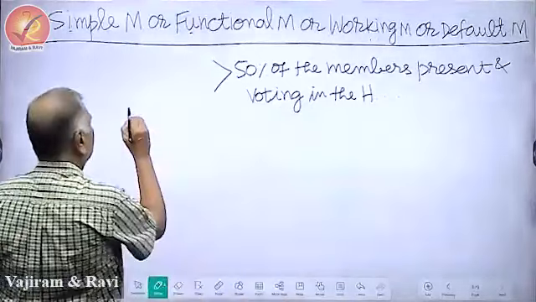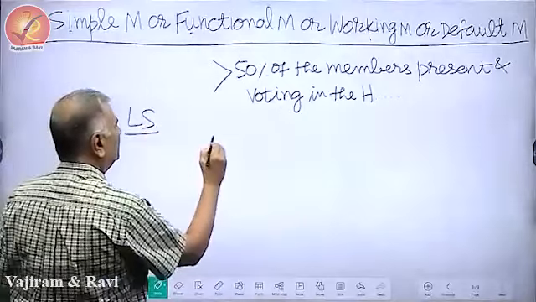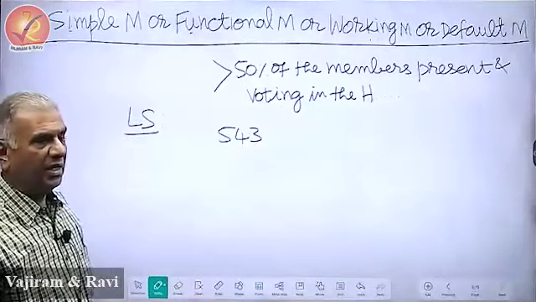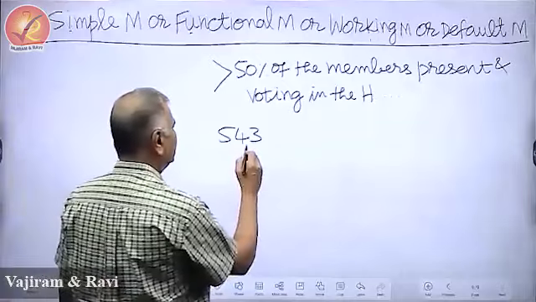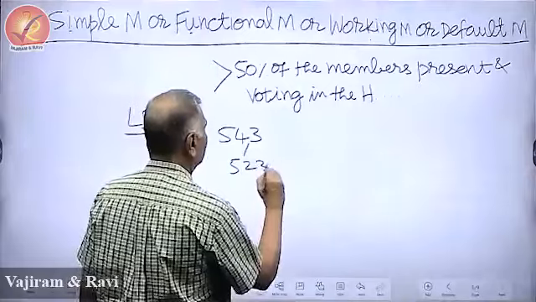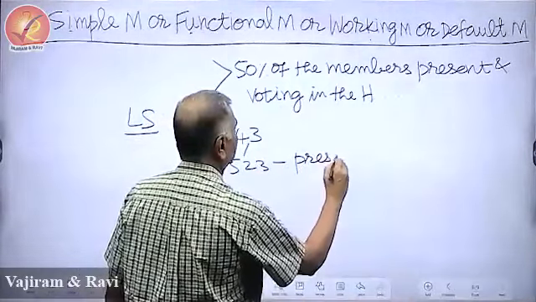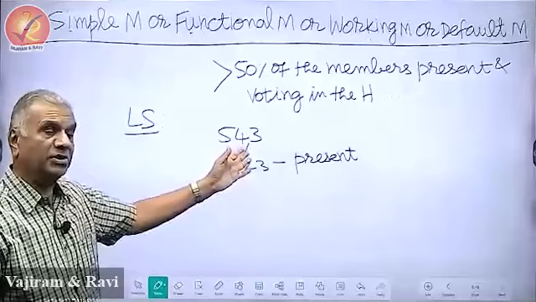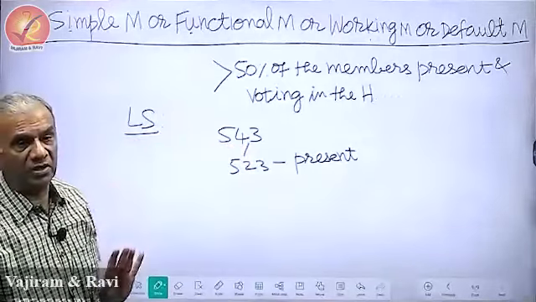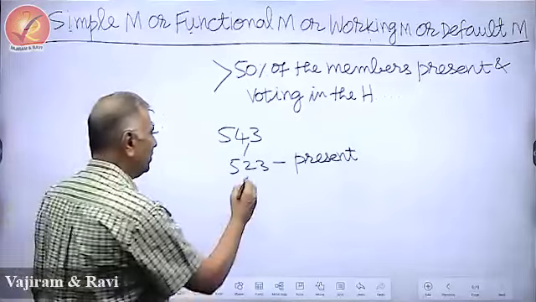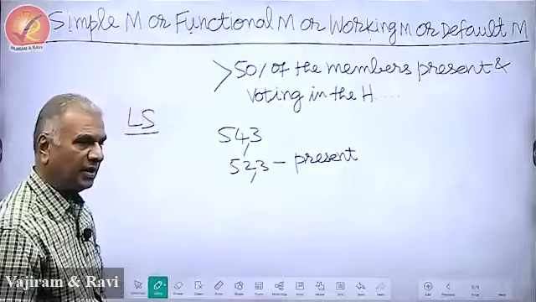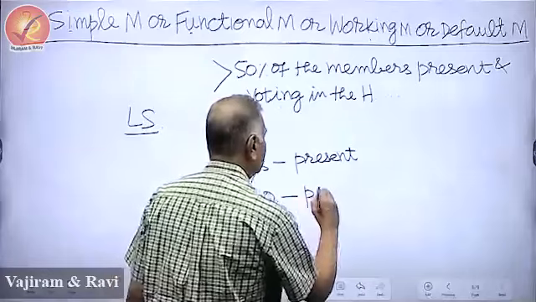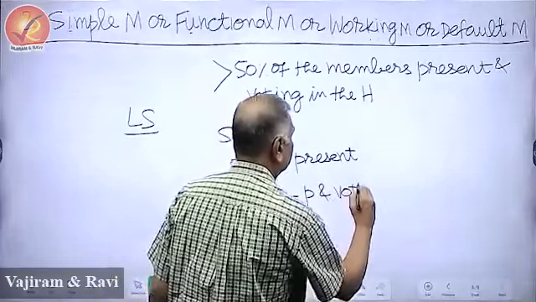For example, in the Lok Sabha, the total strength of the house is 543. On a given day, let us say that 523 members are present in the house, which means 20 members abstain from the house. They don't come to the house at all. When a motion is put to vote, let us say that 520 members who are present in the house participate in the voting.